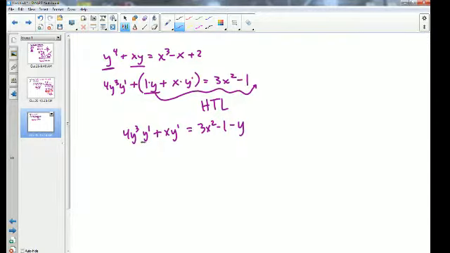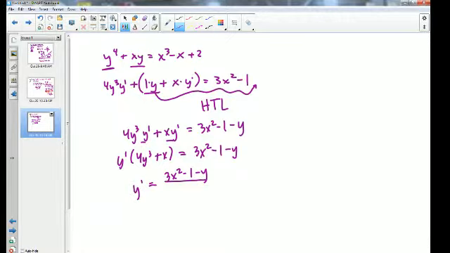Isolate these. Okay, what do I do now? Factor. And now? I'm trying to hurry because I don't want the bell ringing on it. Divide, right? y prime equals 3x squared minus 1 minus y, over 4y cubed plus x.